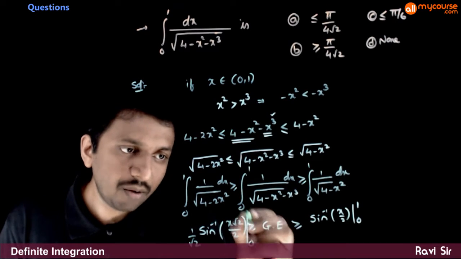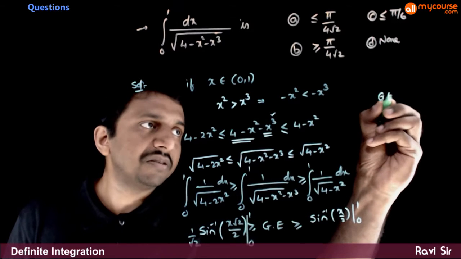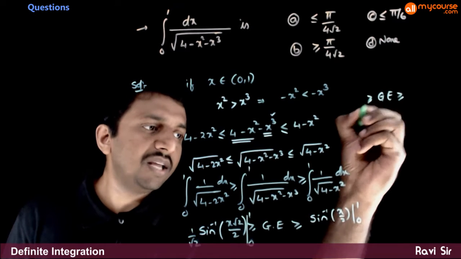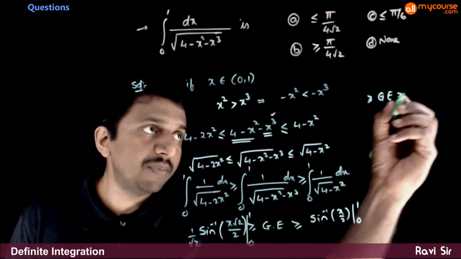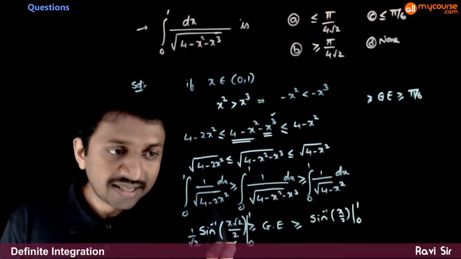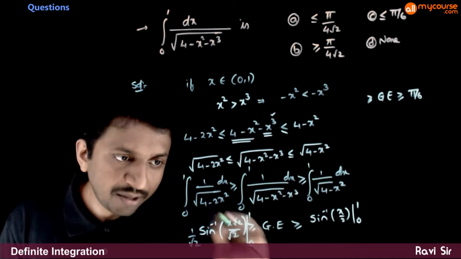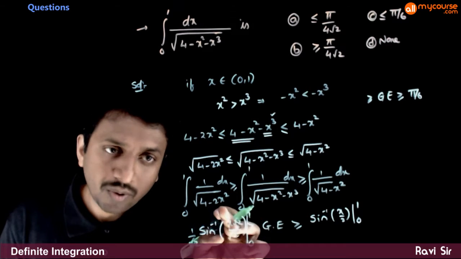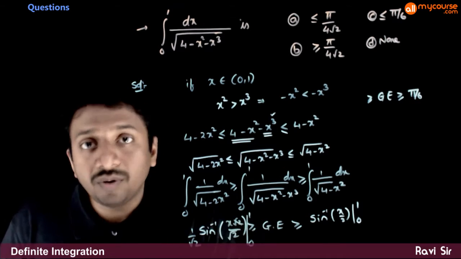Between 0 and 1, the given expression is in between this. Sine inverse of half is pi by 6, minus 0 is 0. Next, this is x by root 2, so if you put x equal to 1, sine inverse of 1 by root 2 is pi by 4.